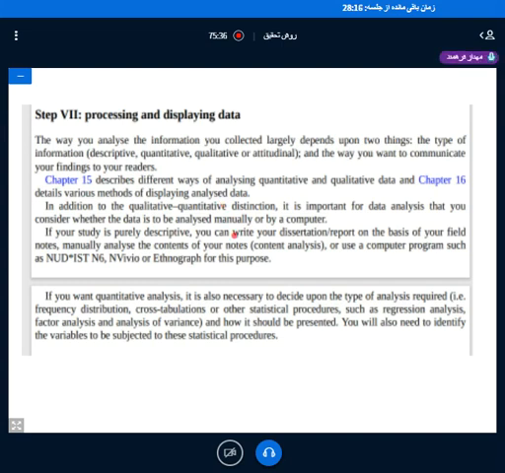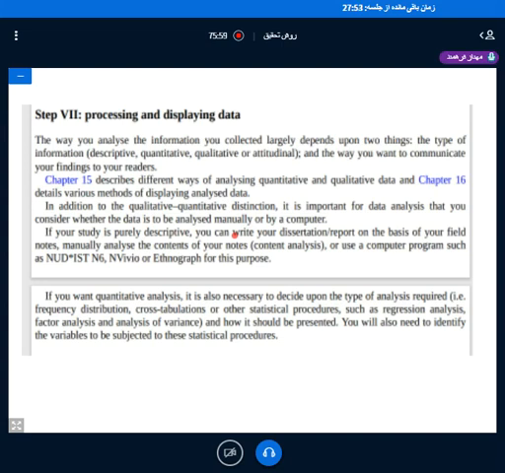In addition to qualitative and quantitative distinction, it is important for data analysis that you consider whether the data is to be analyzed manually or by a computer, and that is very important for the way of collecting data.